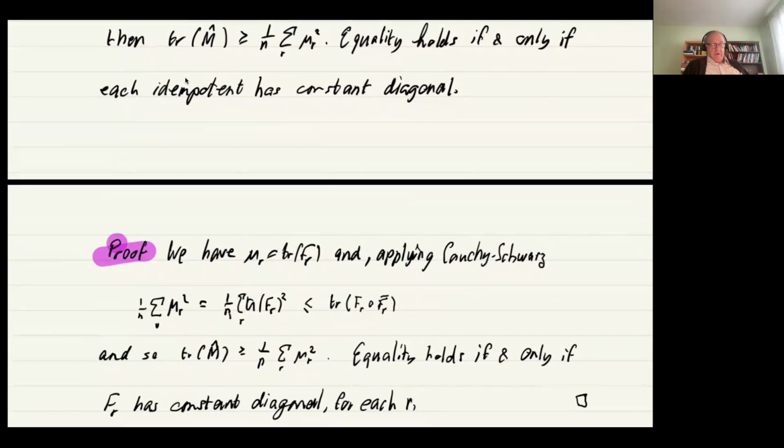And equality holds if and only if equality holds in Cauchy-Schwarz, and from that you deduce that you must have constant diagonal. Now I haven't put in all the details here, and if you want to write out your Cauchy-Schwarz, it'll probably take a line or two, but that's the guts of the proof.